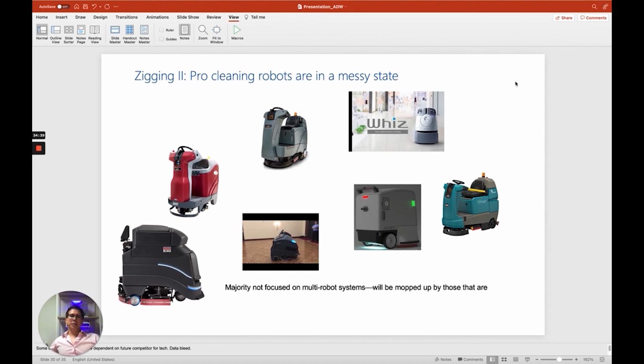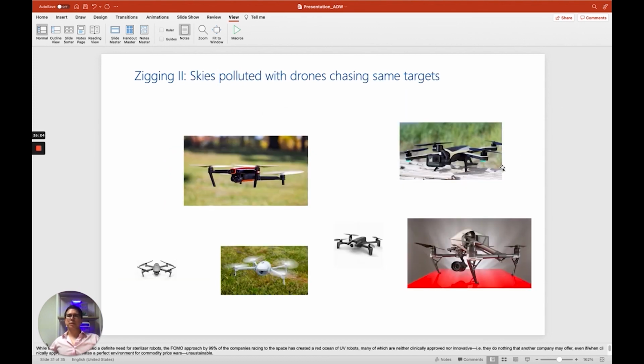Many of these companies are dependent on a couple of companies for their technology, and the majority do not have any understanding or focus on multi-robot systems, and so they'll be outmaneuvered by those with a better view of how to deploy those multi-robot systems.